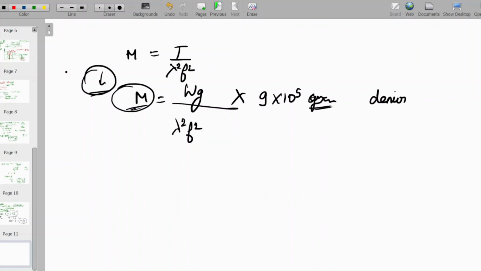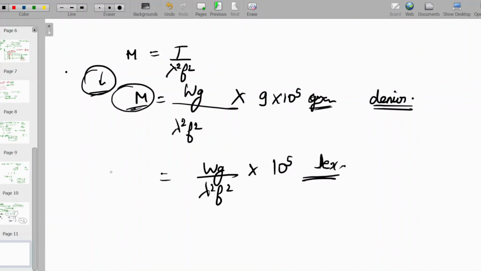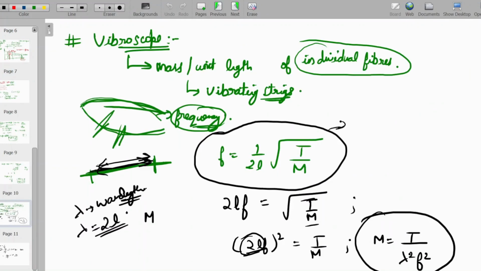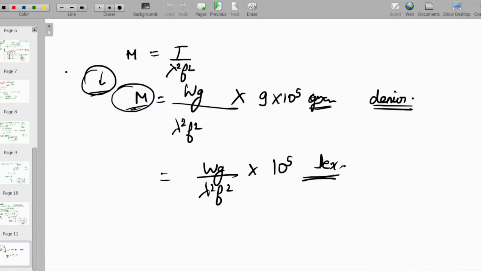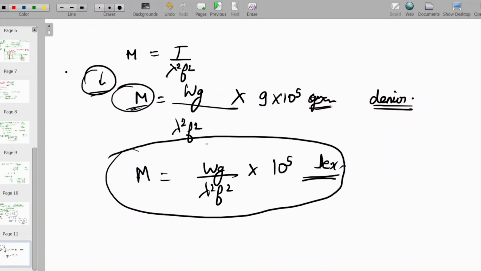We have to find it in denier. If we have to find it in tex, we keep the corresponding length. So it is inversely proportional to the length, and this way mass can be taken out.